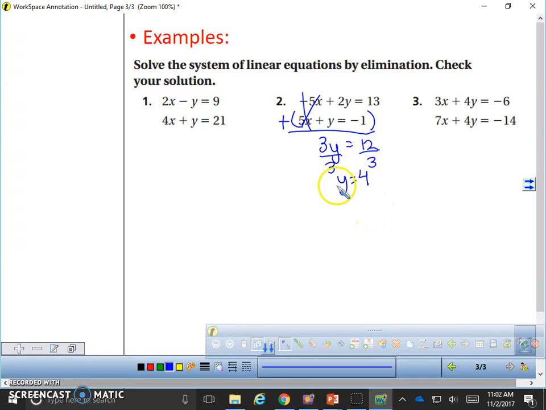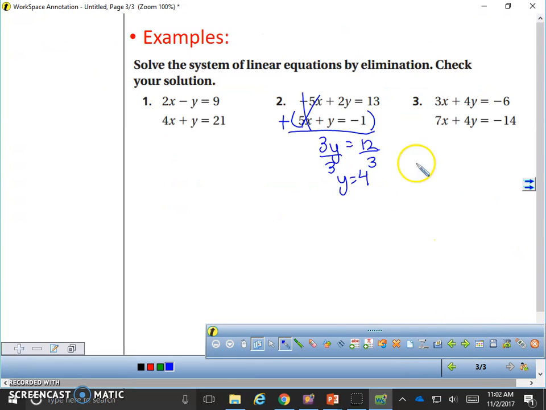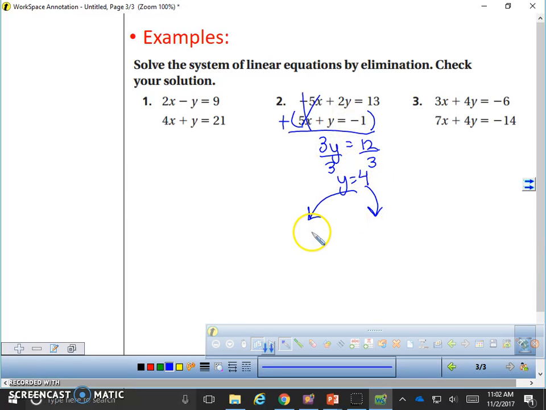Step 3, let me go back. Step 2, add or subtract the equations. Oh, we just finished that. Step 3, step 4, plug in. Negative 5x plus 2 times 4, plugging into our first one, equals 13.